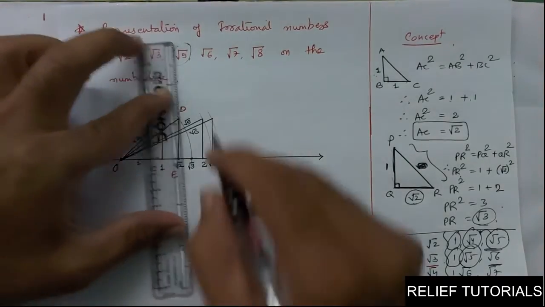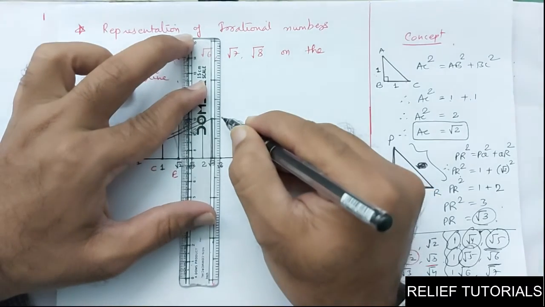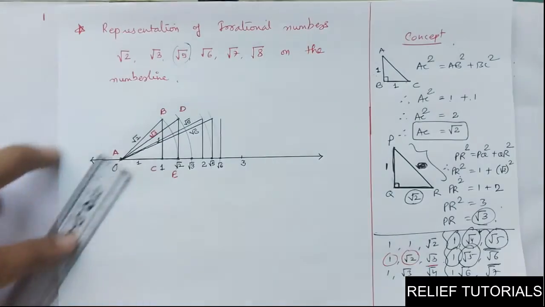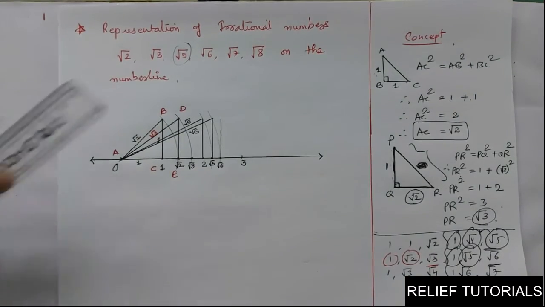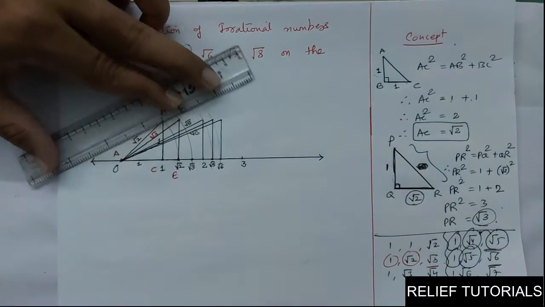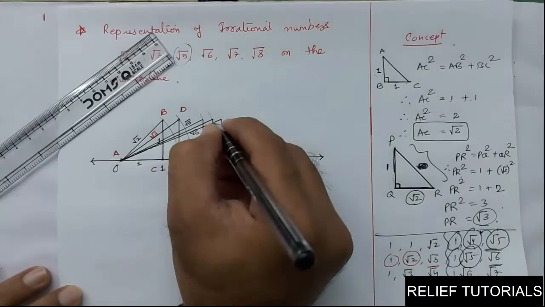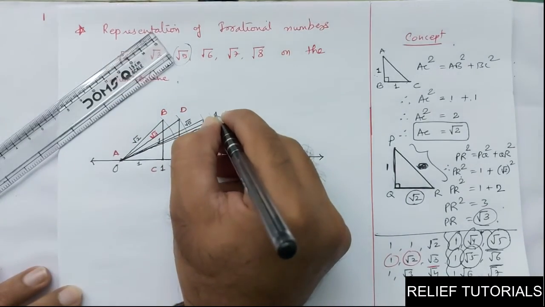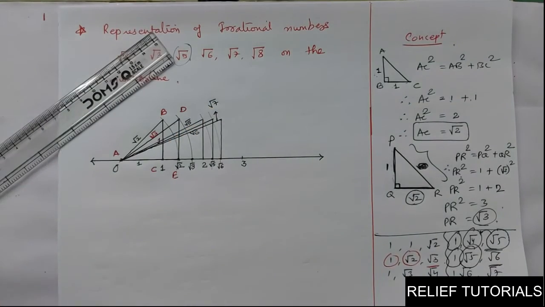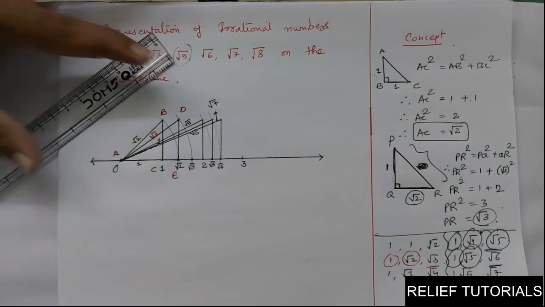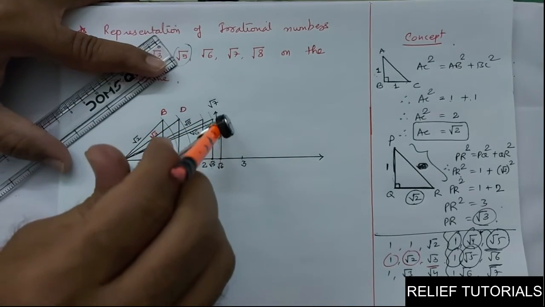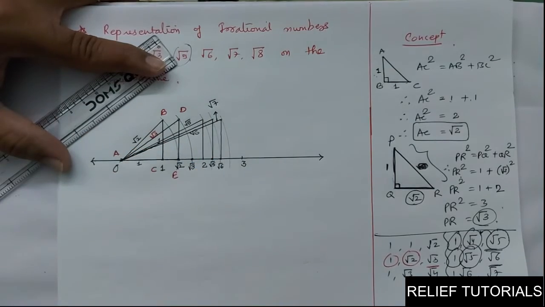If you go further, draw one more line of length 1 here from root 6. From root 6 it will give you root 7. Join this. So this length is root 7, from 0 to this one.